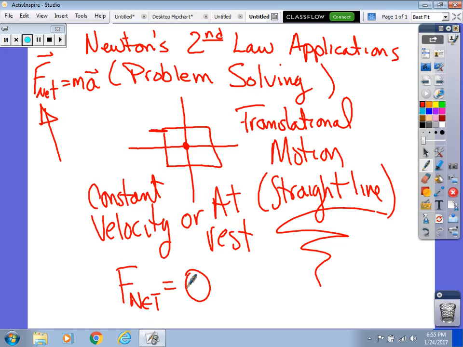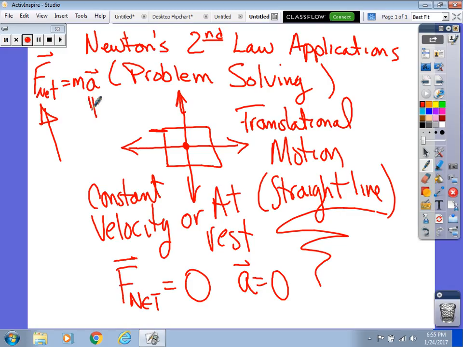And if the net force is equal to 0, then the acceleration also has to equal 0. So what you're going to then do is look for all the forces to balance. Up balances down, right balances left, or whatever direction or whatever kind of scenario that they have. Those are buzzwords you must look for.